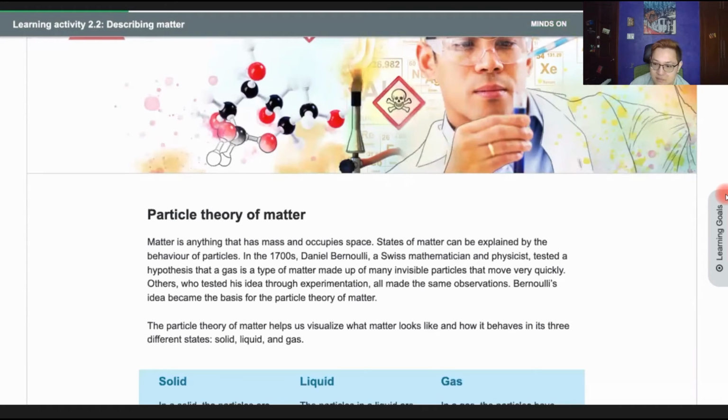Others who tested his idea through experimentation all made the same observation. Bernoulli's idea became the basis for the particle theory of matter.